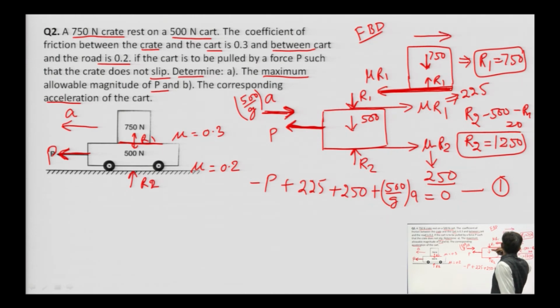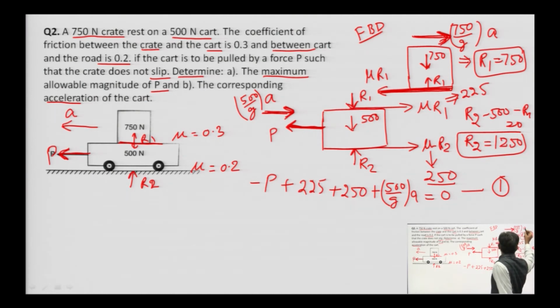It will be along this direction, and it will be 750 by G into A, because this block and this block are moving with the same acceleration, as there is no slipping. So that will be added here.